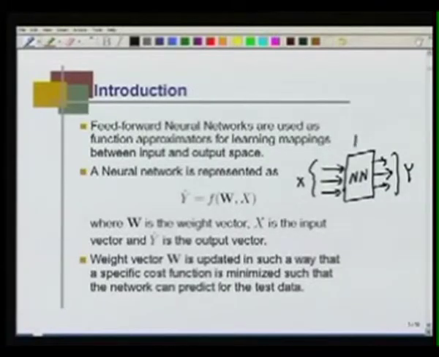The neural network is characterized by weight vector w. Then my output of the neural network is a nonlinear function of weight vector w and input x.